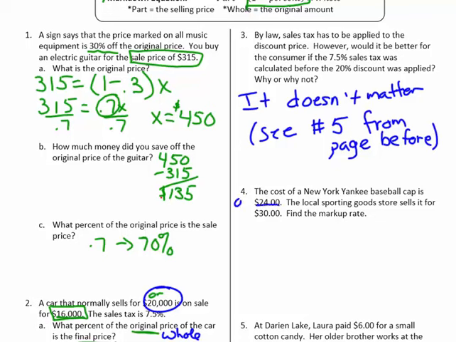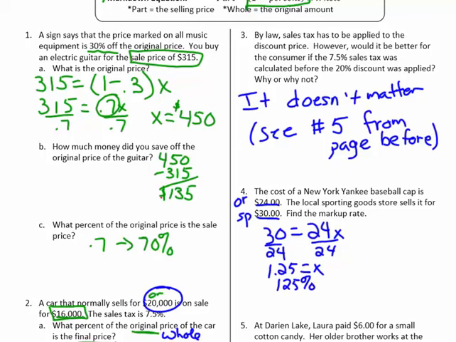So, original, selling. Find the markup rate. So 30 equals x times 24. Divide by 24, so we're going to get x equals 1.25, which is 125%.